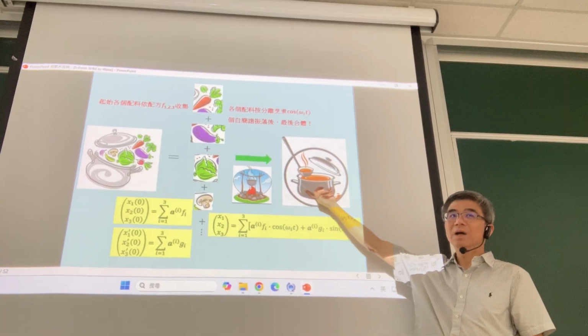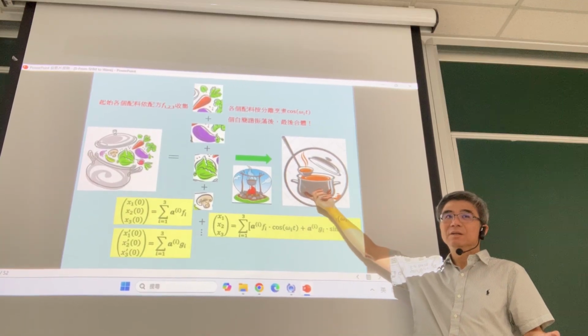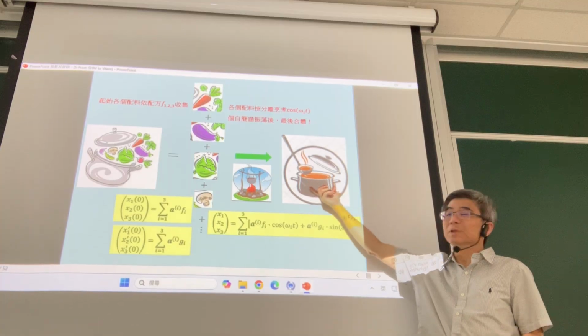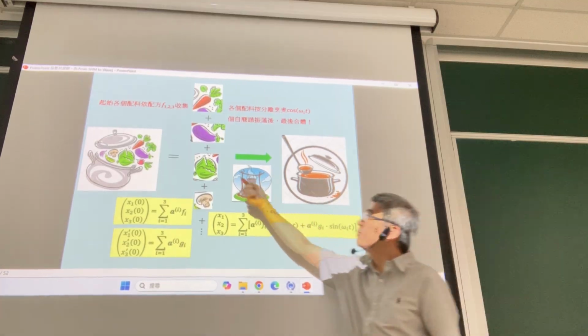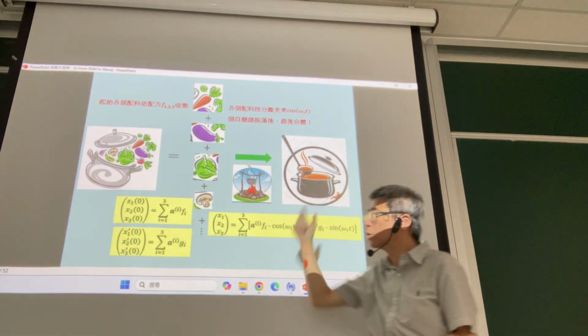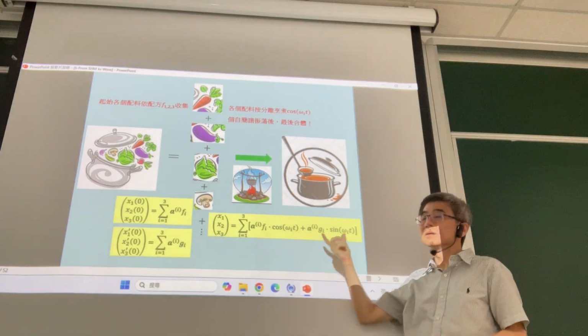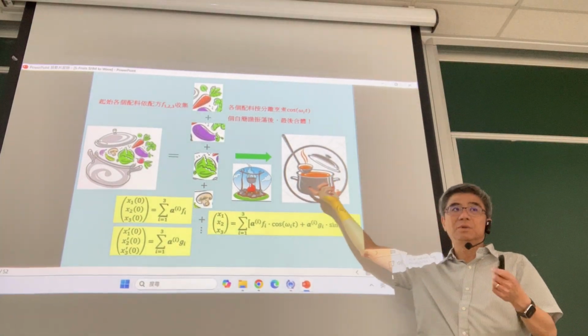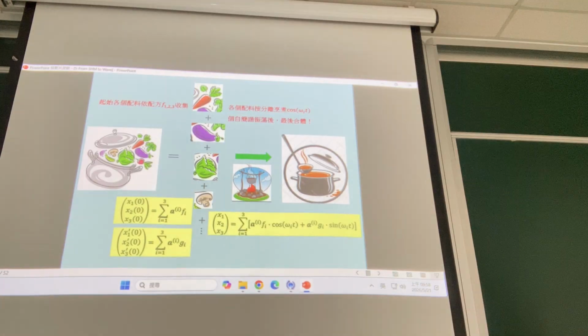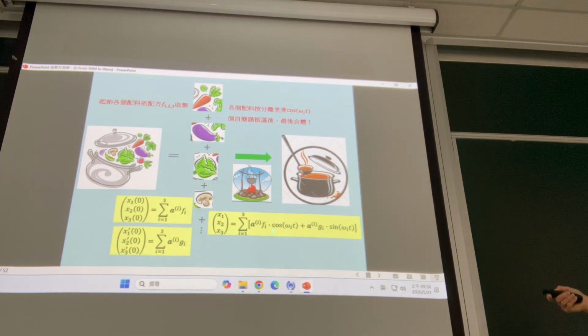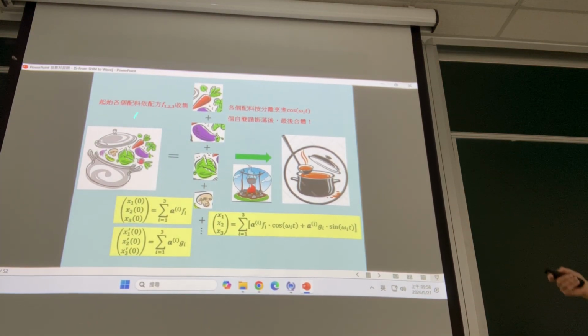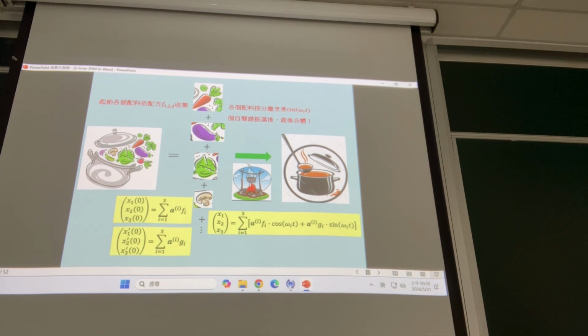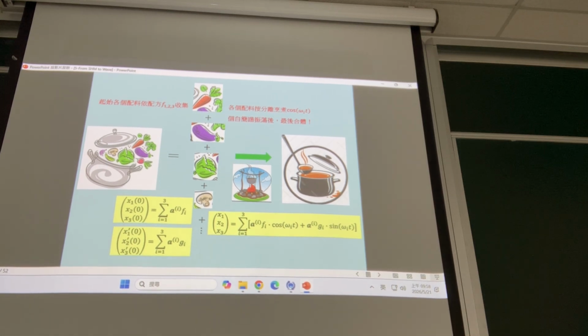So after a while, maybe after an hour, the soup is cooked. That's because every ingredient evolves according to its own evolution and finally becomes a soup. Okay, so that's an analogy for how we solve the equation of motion here.